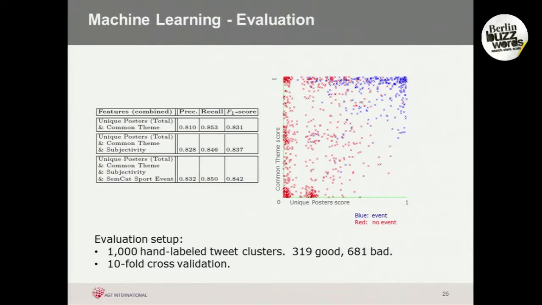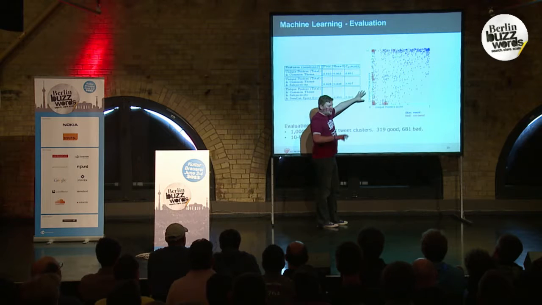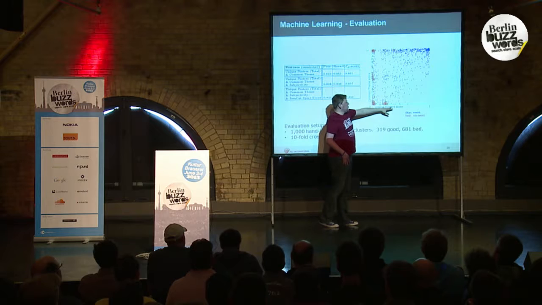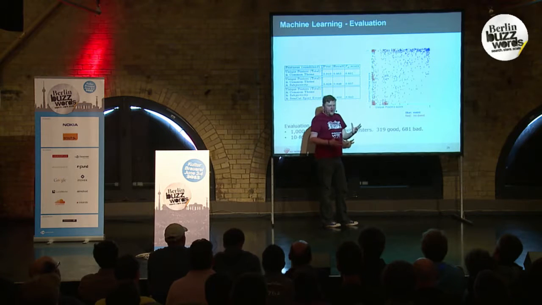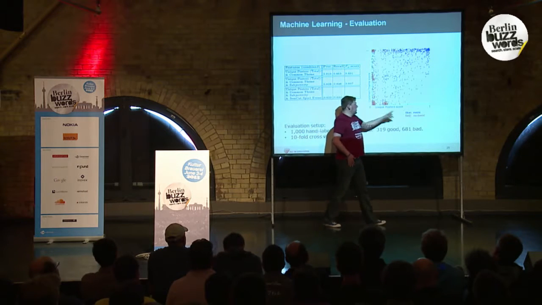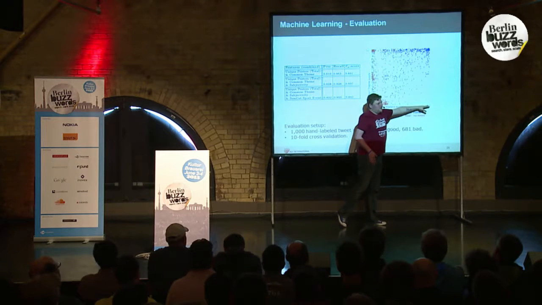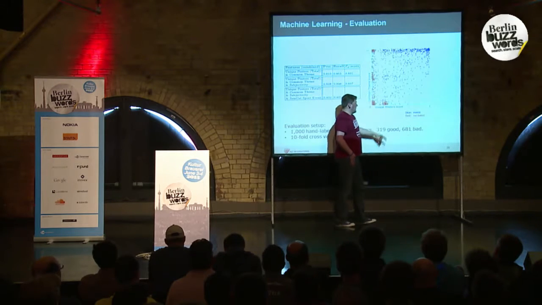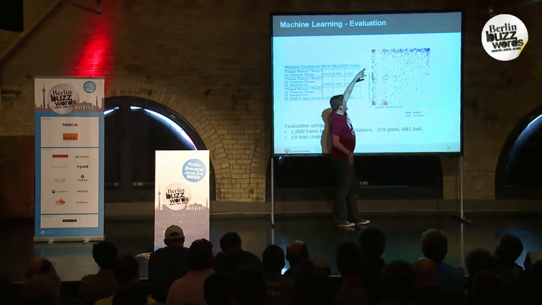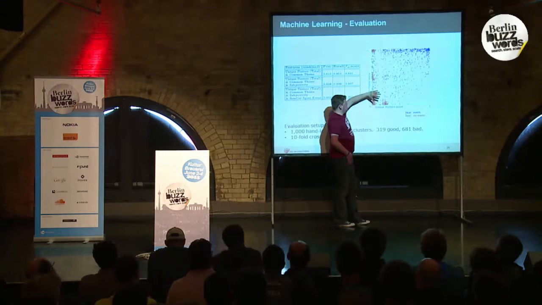I talked about these two features earlier on. We have this common theme, which is basically people using the same words in different tweets. And we have unique posters, meaning the tweet cluster has more than one author. A one here would be, I think, 10 different people in a tweet cluster, and common theme up here would be 3 words that really frequently occur. So there is just a formula behind it.